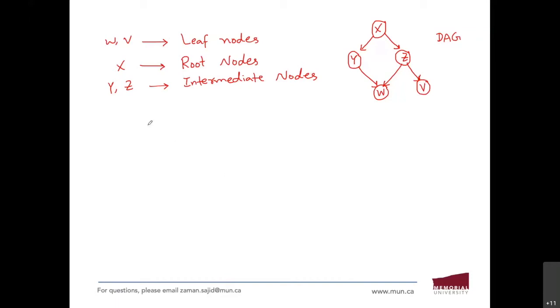I will go one by one with each variable and will explain what the parents, descendants, and non-descendants are, and the conditional independencies for them.